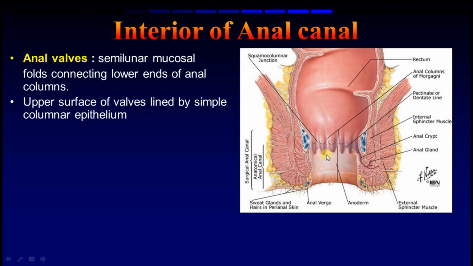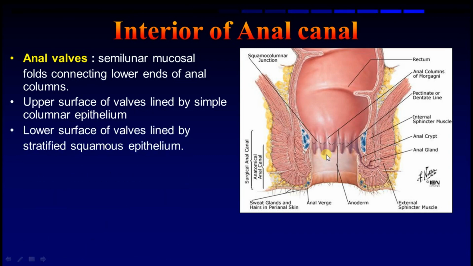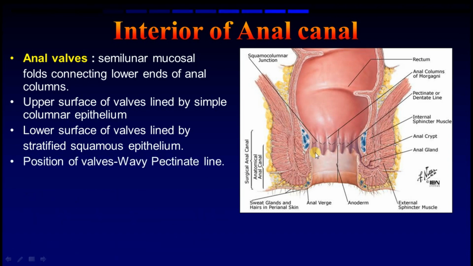The lower part is actually lined by the stratified squamous epithelium. Okay, so anal valves, semilunar mucus folds which connect the lower end of the anal columns. So the position of the valves is represented by the wavy pectinate line, also called the dentate line.